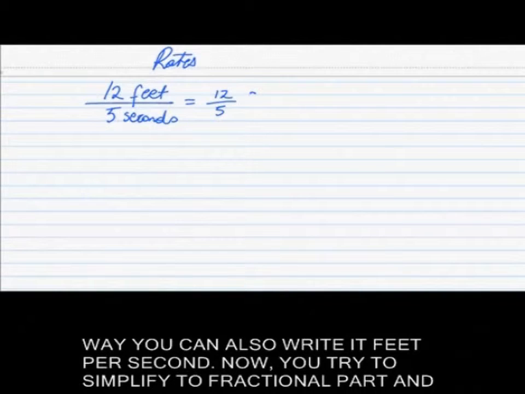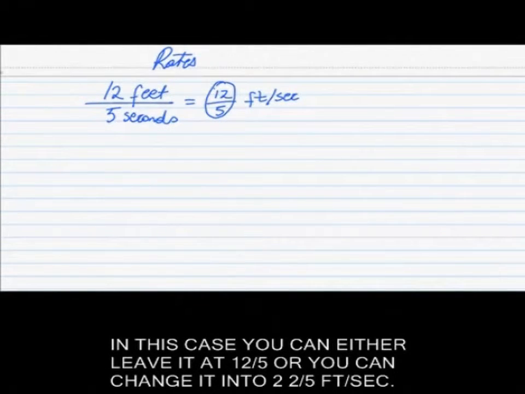The way you can also write it is feet per second. Now, you try to simplify the fractional part, and in this case you can either leave it at 12/5 or you can change it into 2 and 2/5 feet per second.